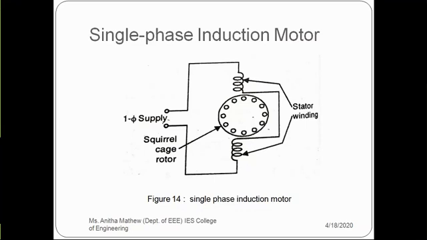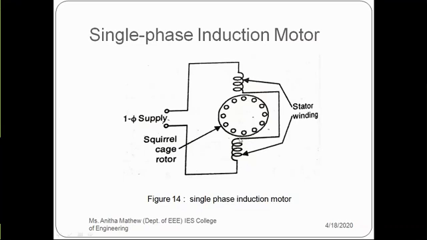It cannot be started by itself because an auxiliary arrangement should be given to start this machine. When we give a single phase supply to the stator, what will happen? A flux is produced, but it is pulsating.